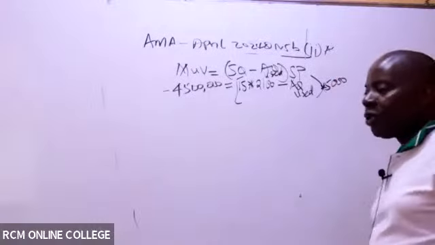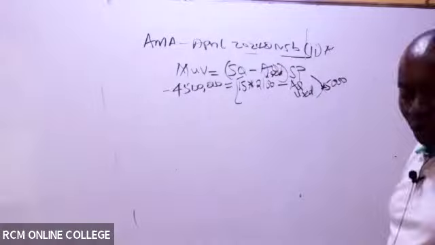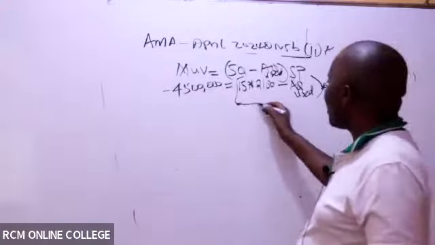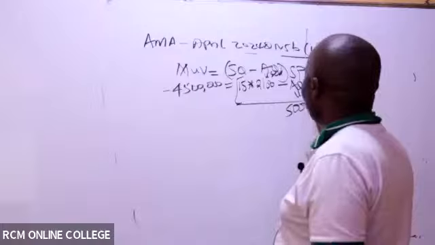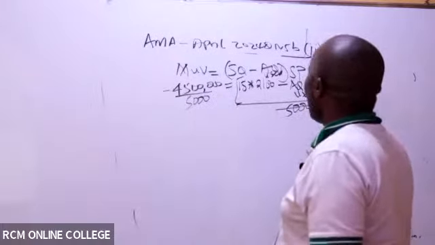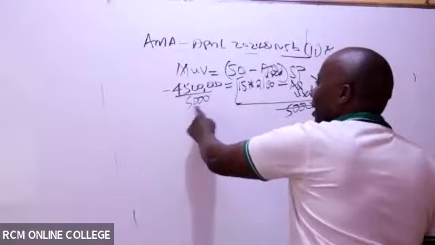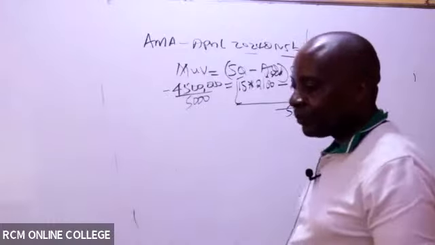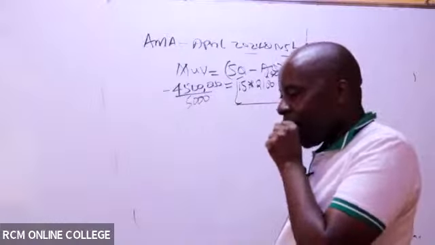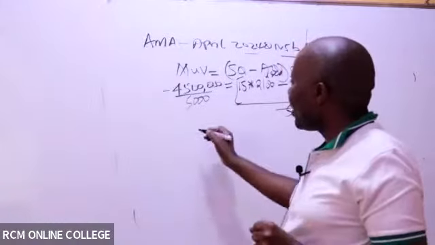Now your work will be to make the AQ used the subject of the formula. Divide both sides by 5,000, so this and this will disappear. This divided by this gives me what figure? Minus 900. Is it minus 900?